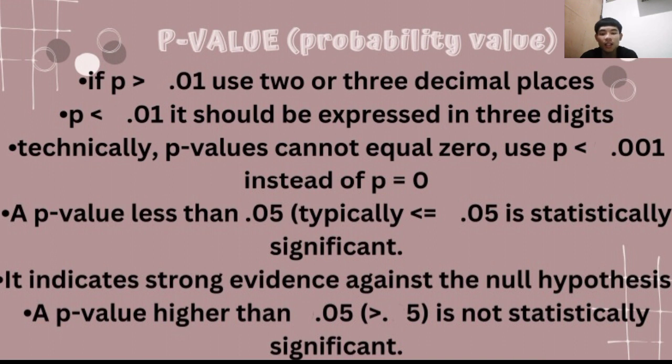It indicates strong evidence against the null hypothesis. A p-value higher than 0.05, or greater than 0.05, is not statistically significant. It indicates strong evidence for the null hypothesis.